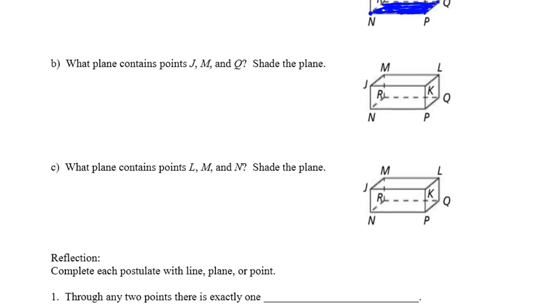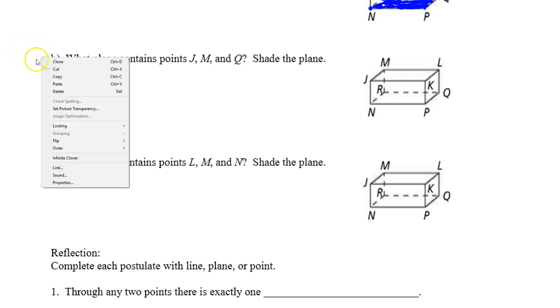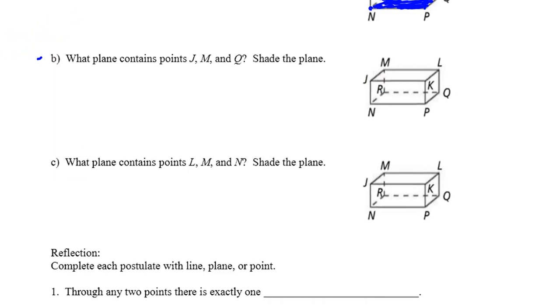All right, B. What plane contains points J, M, and Q? Okay, so J. Now, here's where I want you to star this one, because this is where people start to have a little bit of trouble. M, J, Q. Q is down here. Now, that's not the front of the box. That's not the side of the box. That's not the top. This, however, is diagonals.